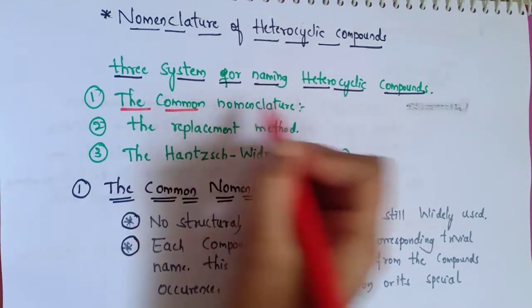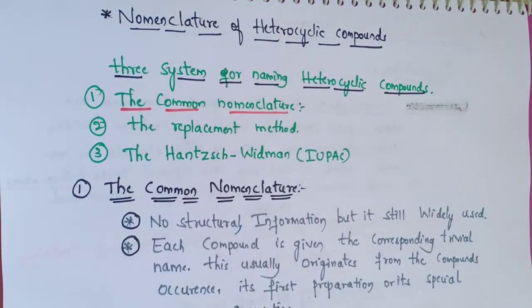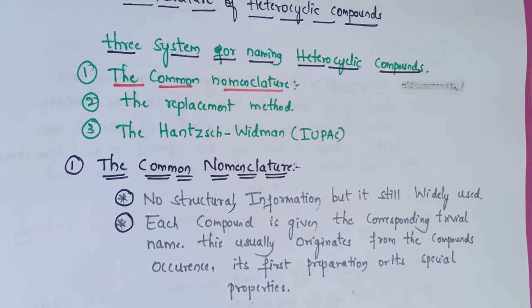Now let's study the common nomenclature. In the common nomenclature, the basic point is that no structural information is involved. This common nomenclature will not give any structural information of the compound, but it is still widely used. The second point is that each compound is given a corresponding trivial name, that means non-systematic names are given to these compounds.